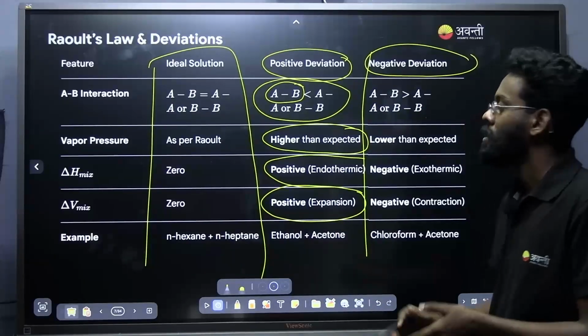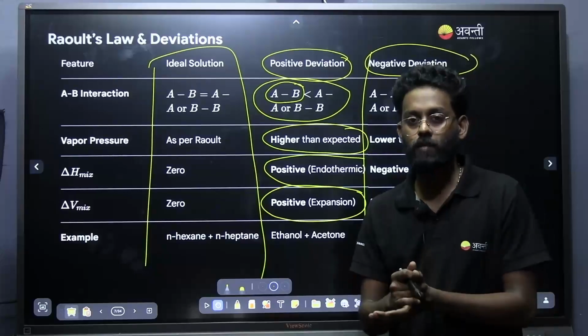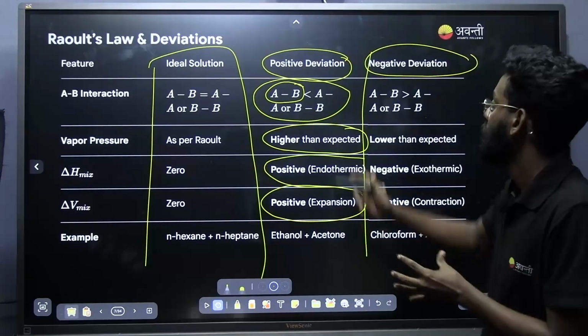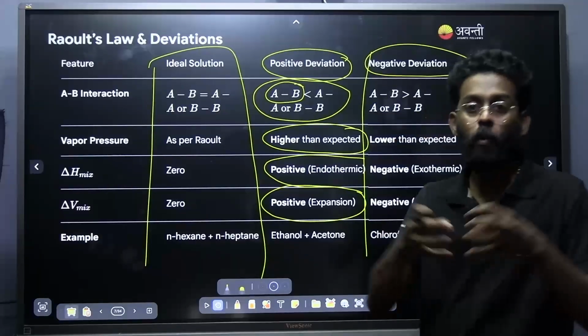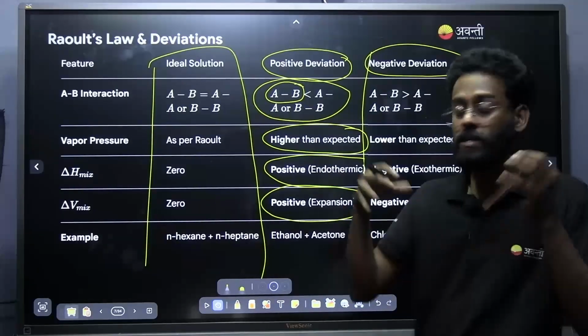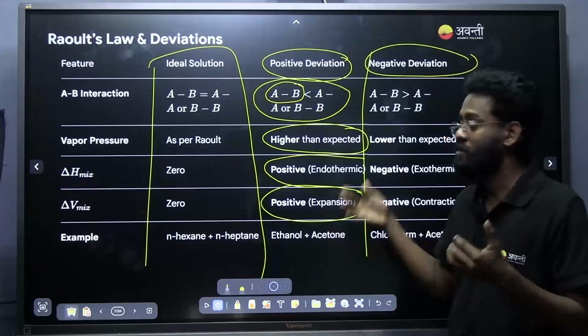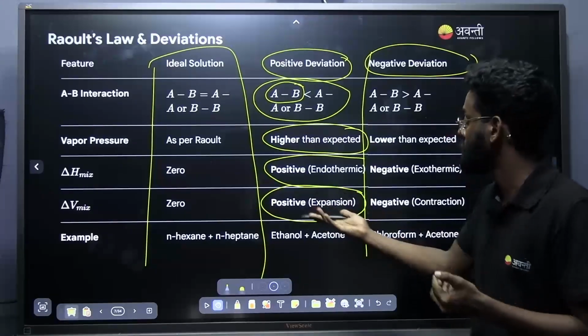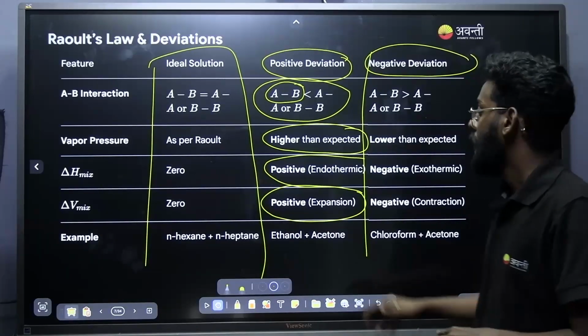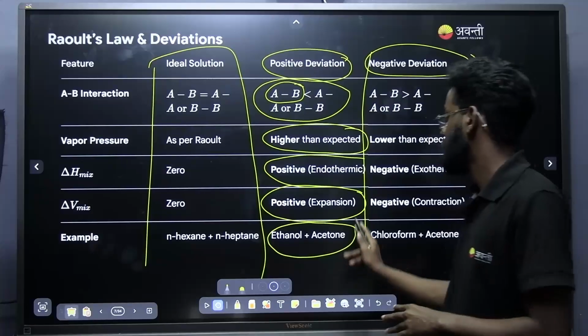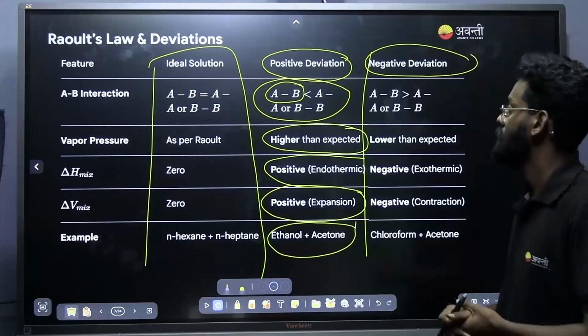Why is it positive? Because when we mix two solutions, and if the intermolecular force is lesser, it means the bond length will be higher, right? So the resultant solution will have an expansion, or the volume of the resultant solution will be higher than we expected. Okay, and an example is ethanol plus acetone; you can note it down.